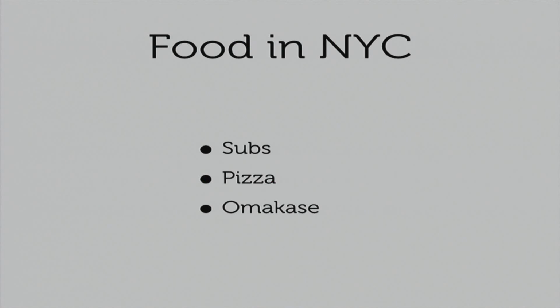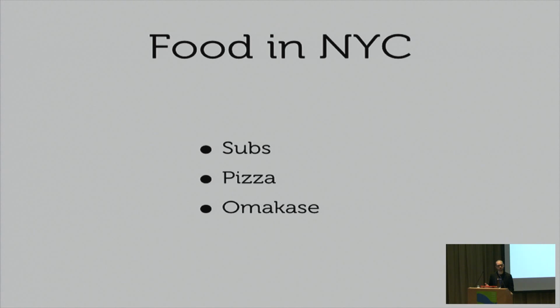We eat submarine sandwiches, pizza by the slice, and the trendy new thing is called omakase, which is when you go to a sushi restaurant and the chef just gives you whatever is good that day, whatever the chef's choice is. So New York is a crowded place, and each of these 3 kinds of restaurants needs to serve lots of people, but each one faces a different sort of scaling challenge.